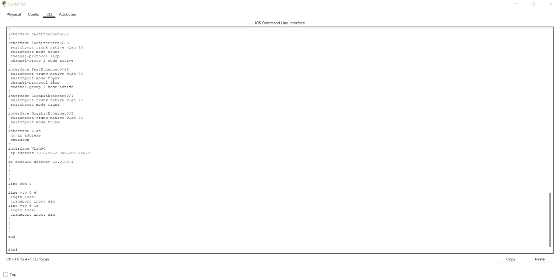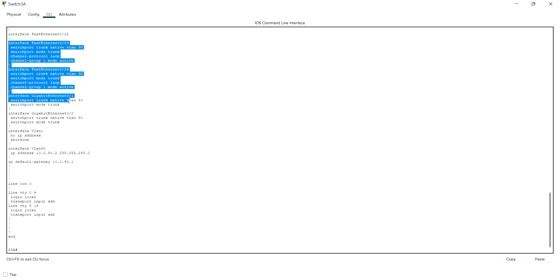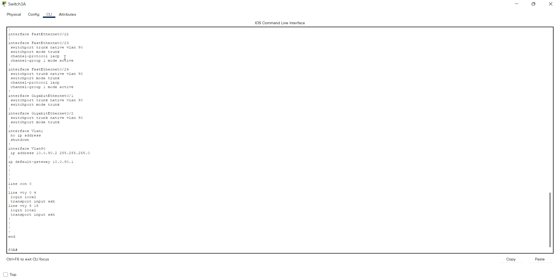As you can see, we did all of that here. So you can see we have LACP configured, we have trunk mode enabled, we have the switchport mode trunk, we have the native VLAN 90, and the channel group 1 mode, and it's active because LACP works in passive and active.